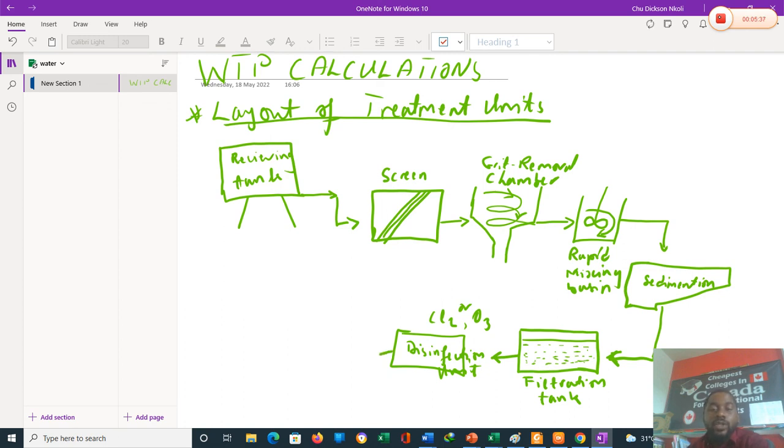For wastewater, from here it is disposed to a nearby stream. So we'll be looking at the various units and the calculations for the various units.